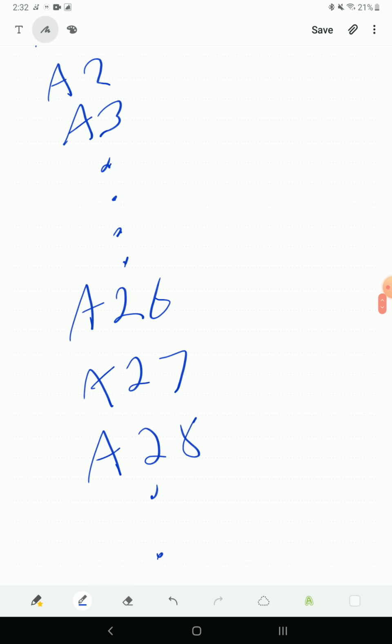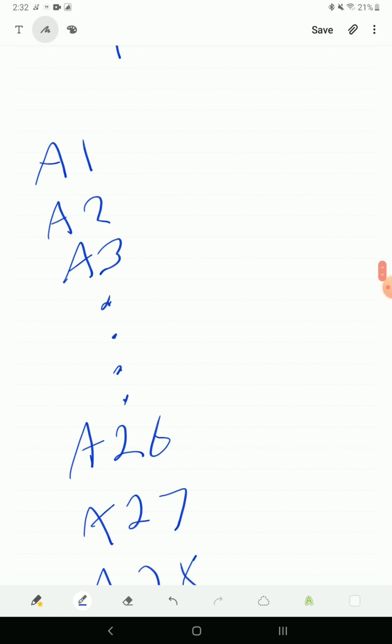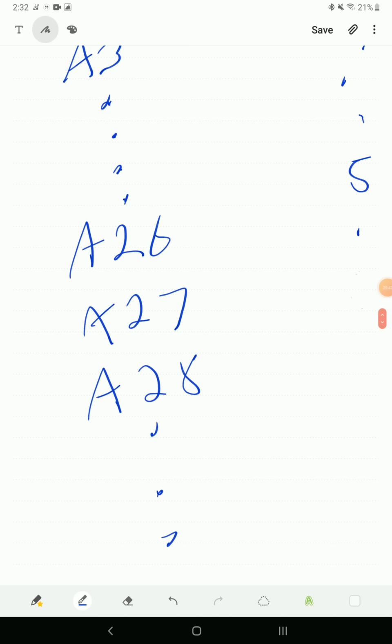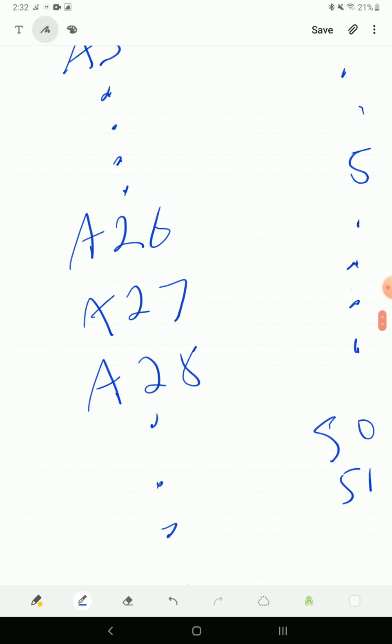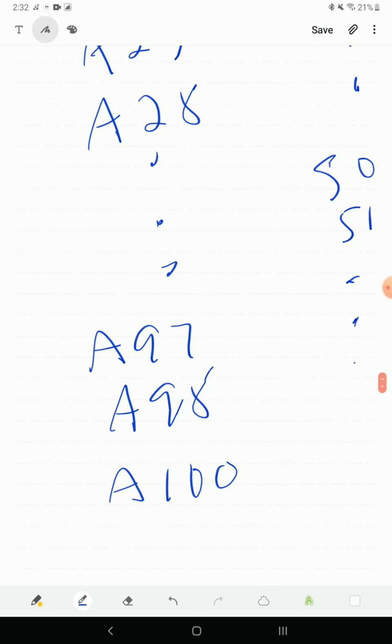Just call those the people. And now think of it like this: you've got the numbers 1, 2, 3, keep going down, 5, 6, 7, 8, 9, 10. The dot means keep going. Now you're in your 50s, 51, all the way down till you count to 99, 100.